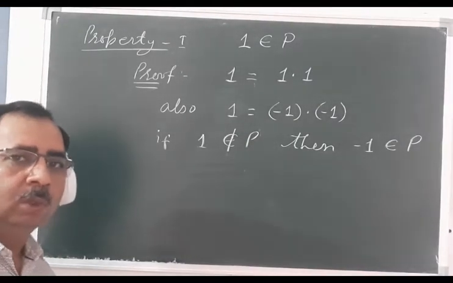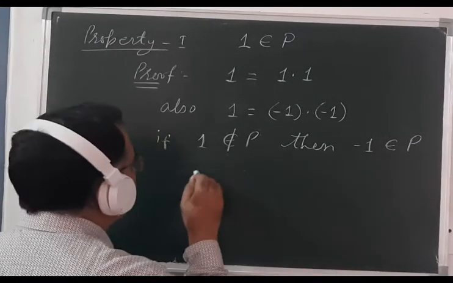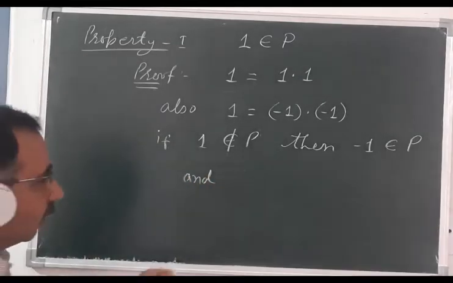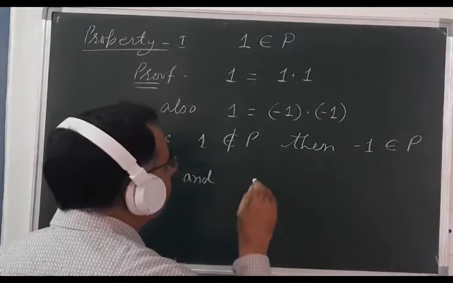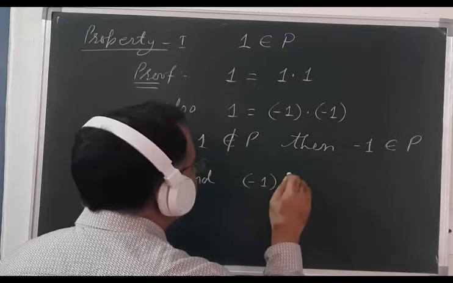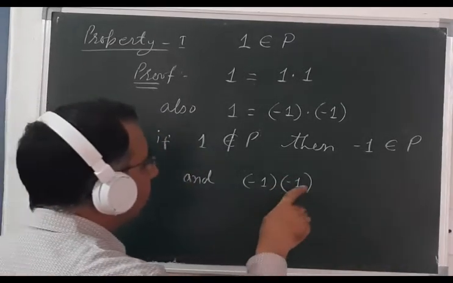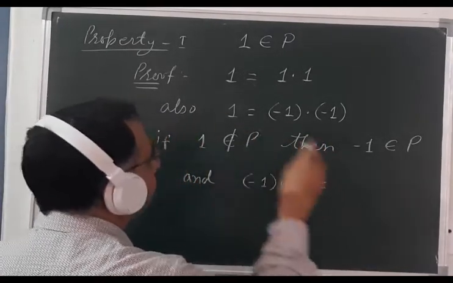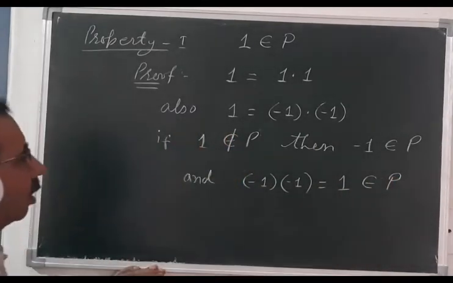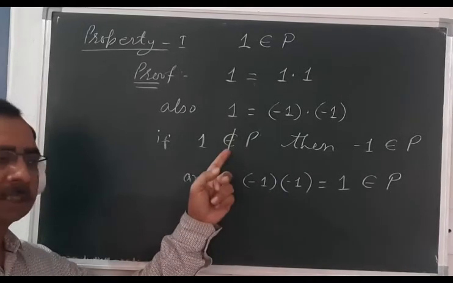One of the two numbers must belong to P. And the second axiom is P is closed under multiplication. So if minus 1 is in P, then minus 1 into minus 1, which I know is 1, belongs to P. But I have assumed that 1 doesn't belong to P, and this step contradicts this step.